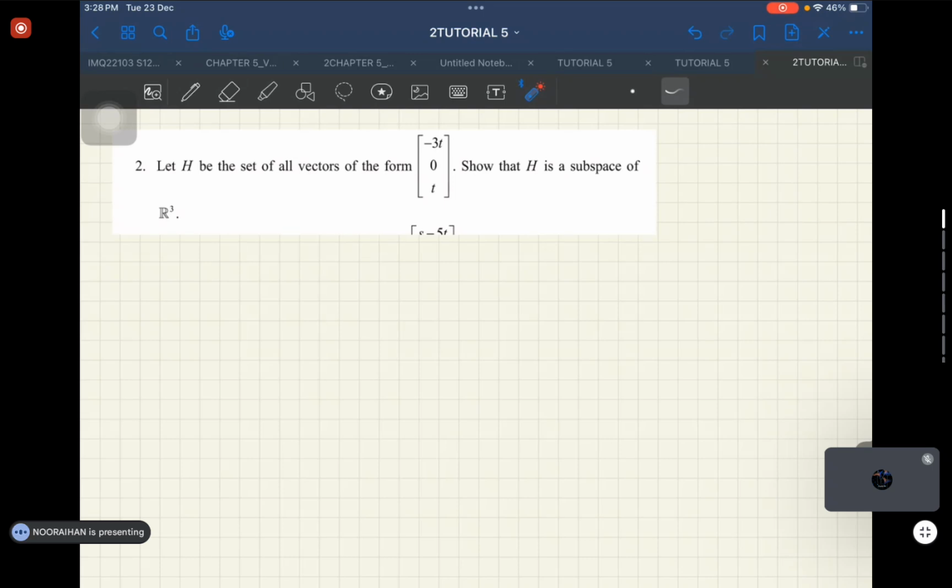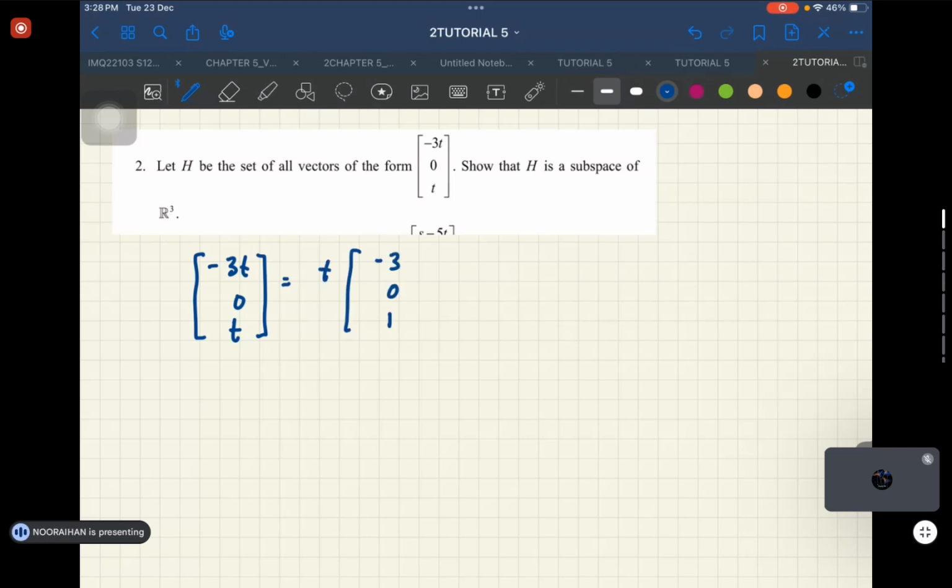Okay, so let's rewrite this: t times (negative 3, 0, 1).